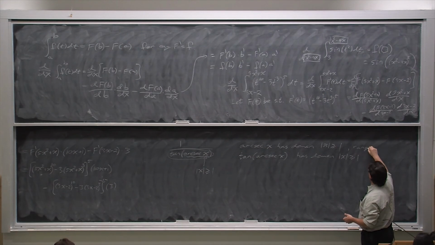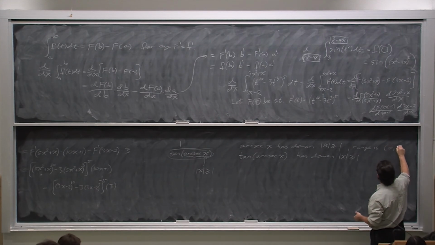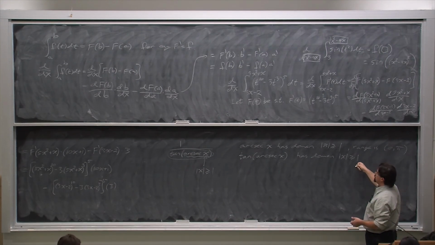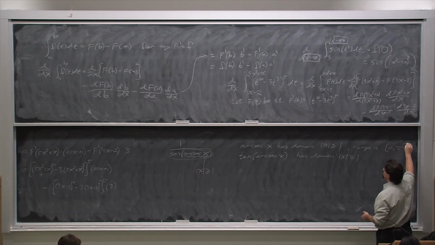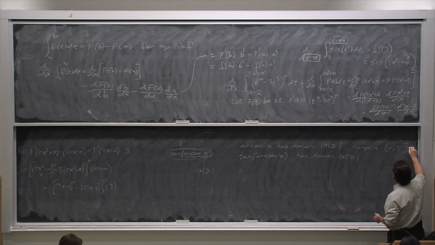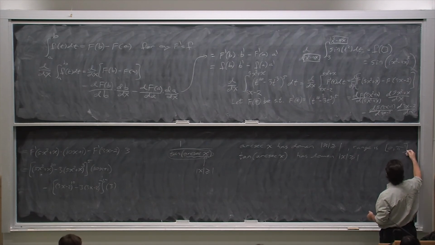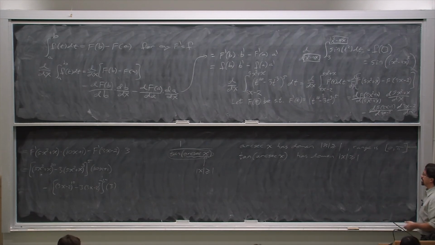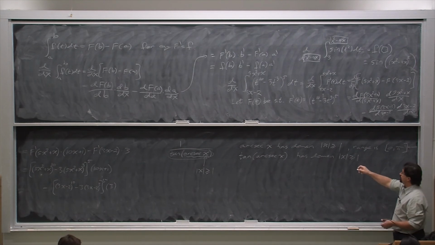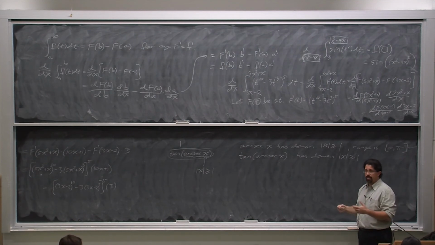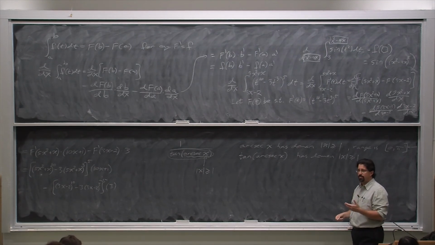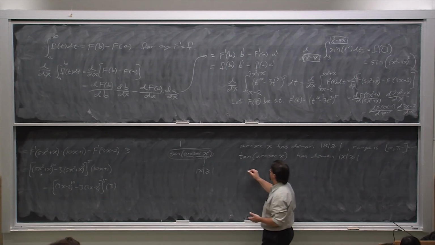So this one, the range is from 0 to pi, inclusive, minus pi by 2. So you add that bit of detail. Tan of arc secant has this domain. The range is going to be everything, minus infinity to plus infinity.